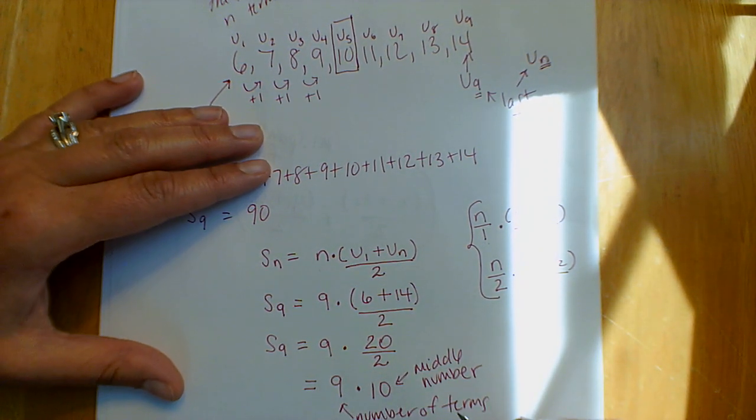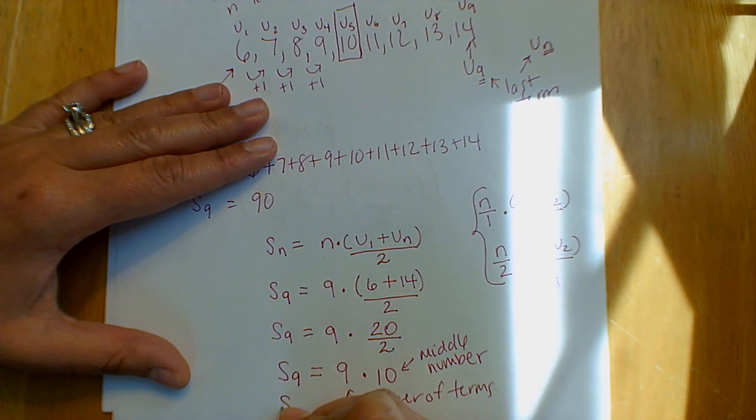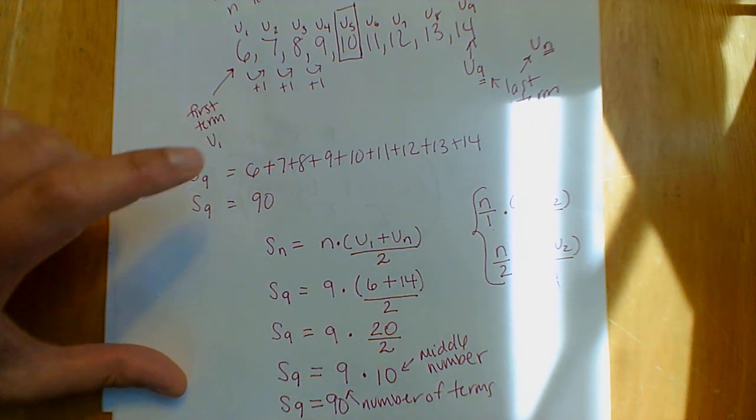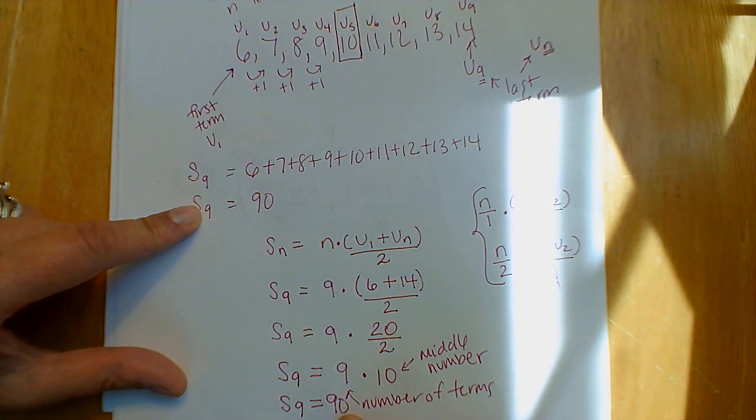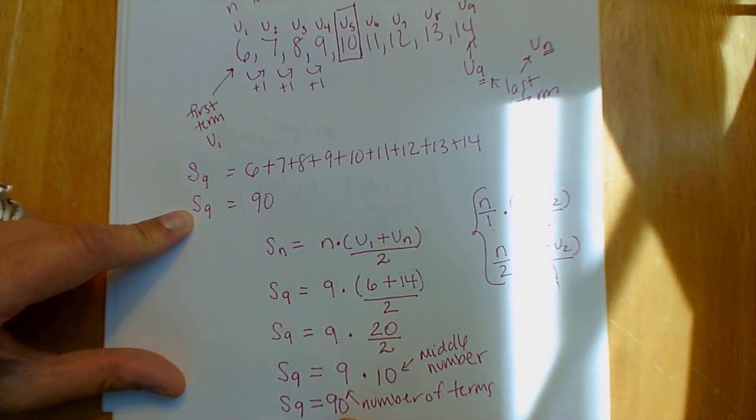And lo and behold, we're going to get our sum of the 9th term equaling 90. Same exact as doing it, just adding them up. So if you find the middle number and you multiply it by the number of terms, you get our sum.